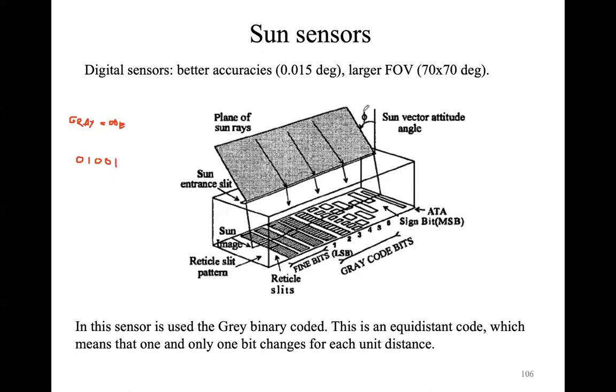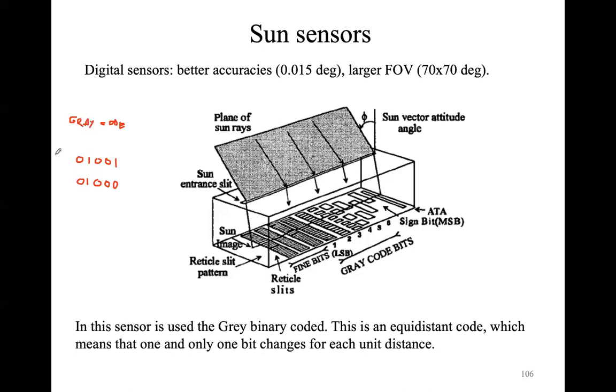If this angle changes by just 1 decimal, the code will change by only 1 digit. So basically, the second one, if you look in the book, you can see an in-depth explanation of the gray code.